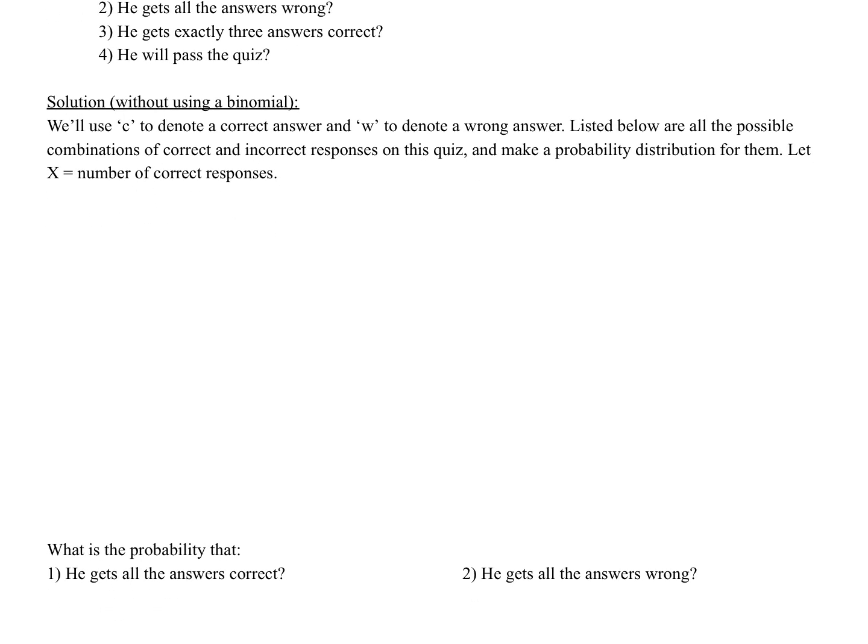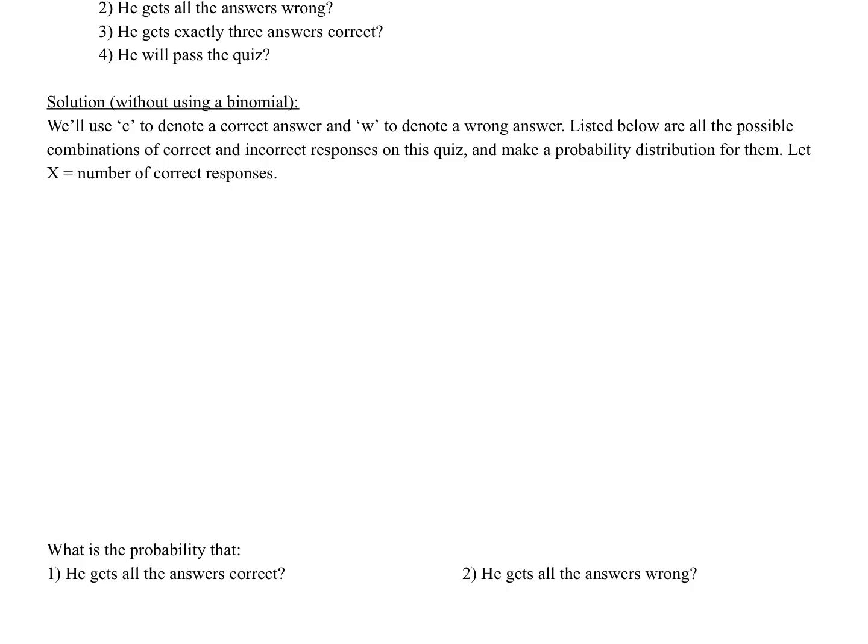So if we think of this as a probability distribution, like we did in section 3, C would be a correct answer, W represents a wrong answer. We're going to list all of the possible combinations of correct and incorrect responses and make a distribution.